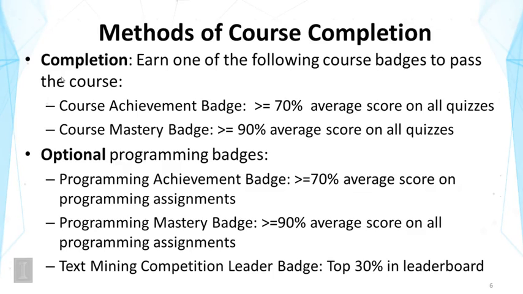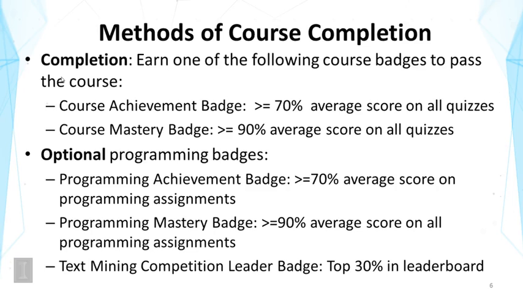So finally, some information about how to complete the course. This information is also on the web, so I just briefly go over it. You can complete the course by earning one of the following badges. One is the course achievement badge.